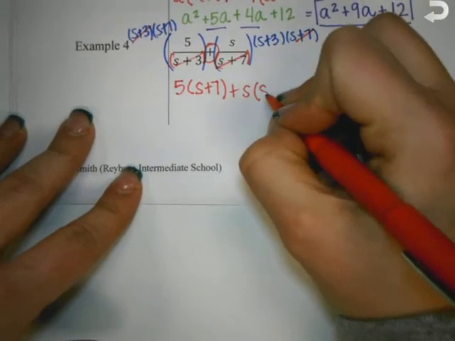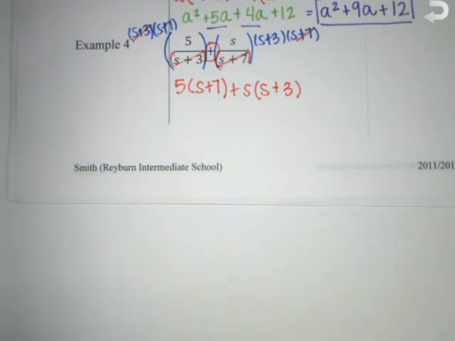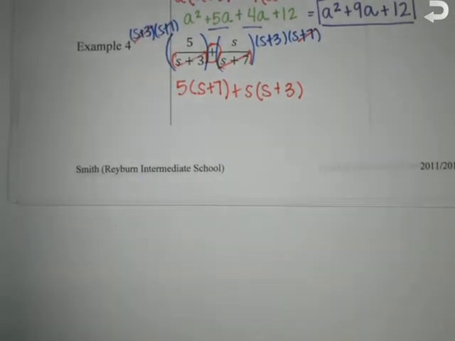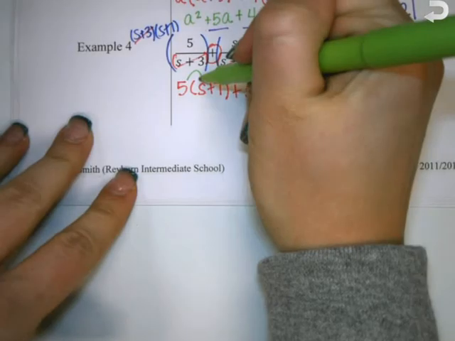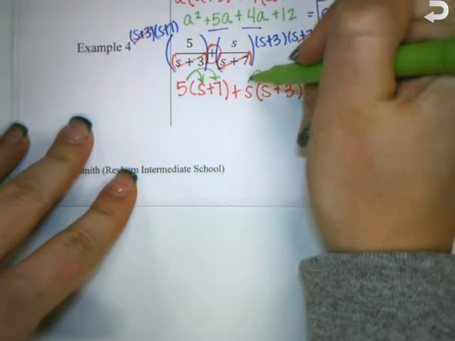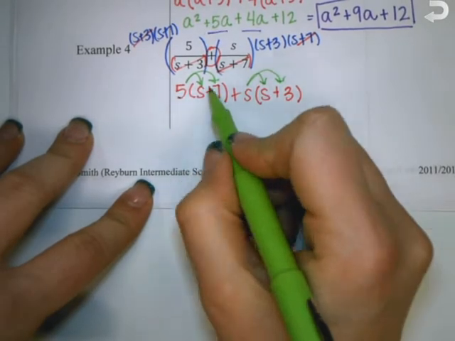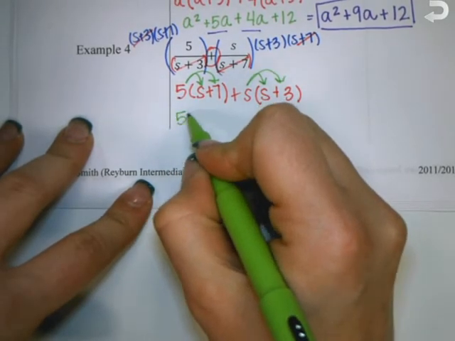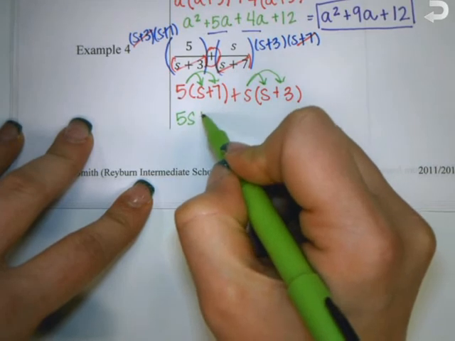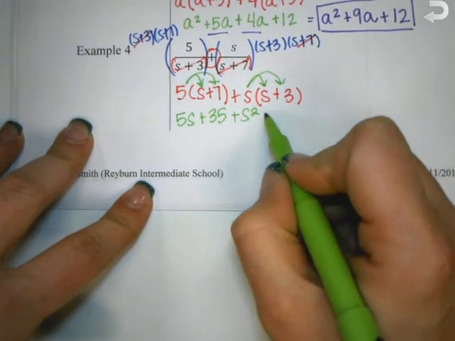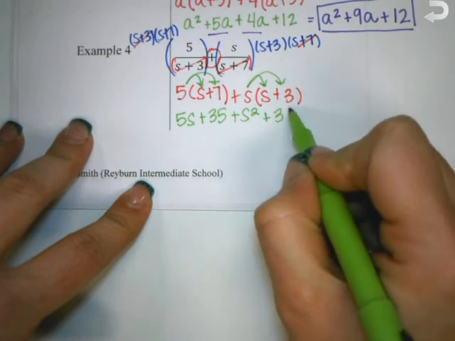Everybody got this far, right? Then what? Then you distribute. 5 times S gives me 5S plus 35 plus 3S. Okay, and then let's combine like terms.